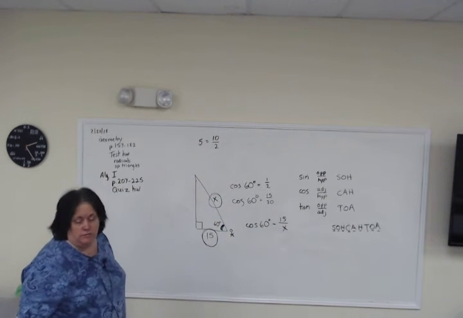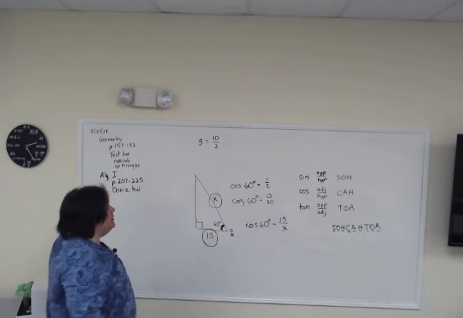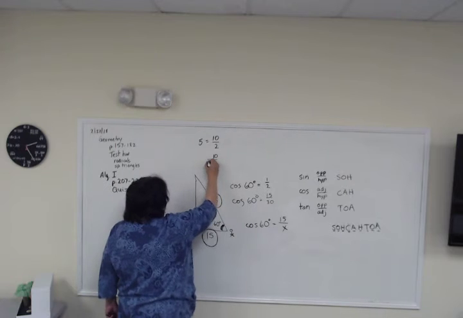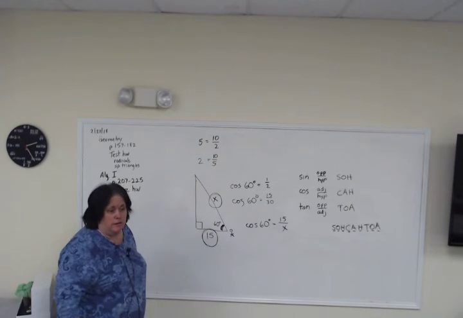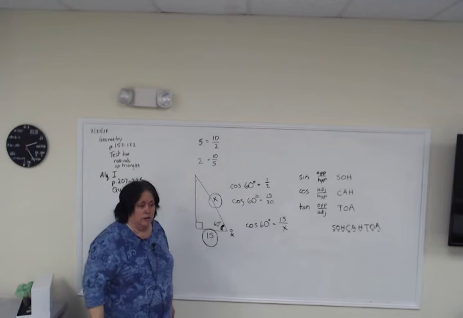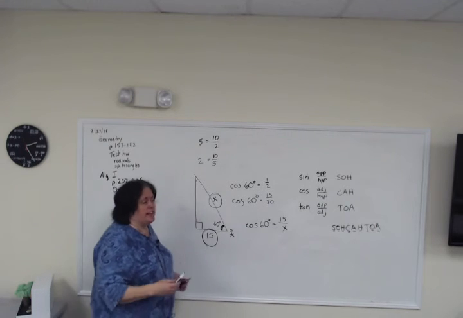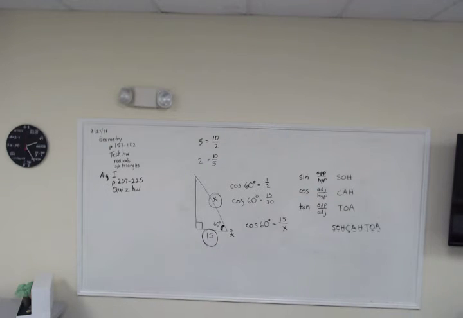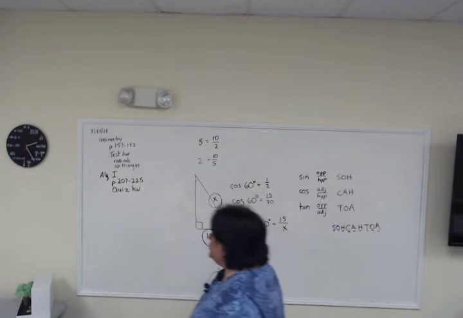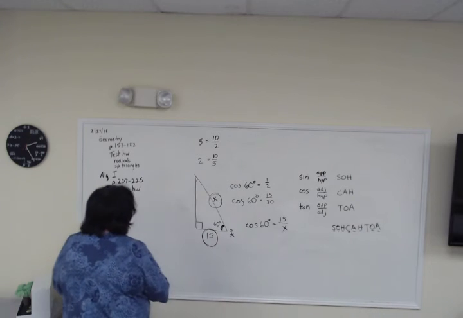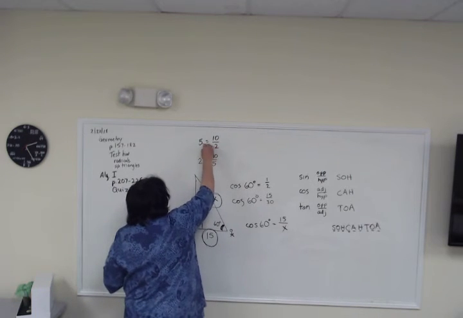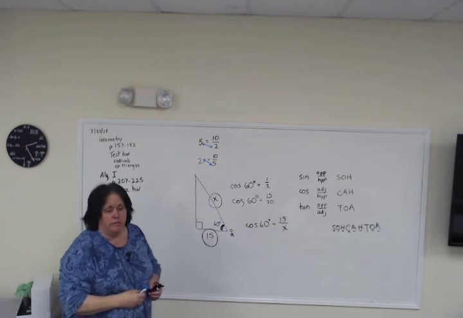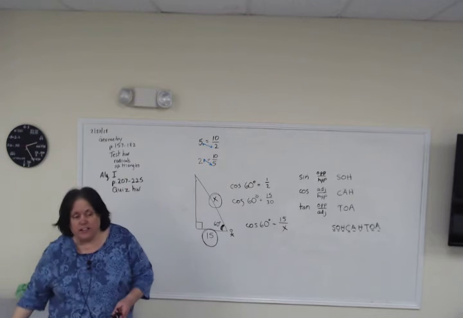But if I switch these two, 10 divided by 5 equals 2, doesn't it? We know that's always true, because that's from the fact family: 10 divided by 5 is 2, and 10 divided by 2 is 5. So I know that these two are interchangeable when I'm solving an equation, right? You tuned in? That's the shortcut.